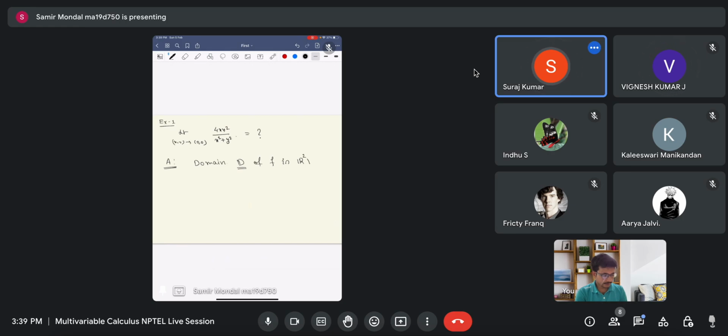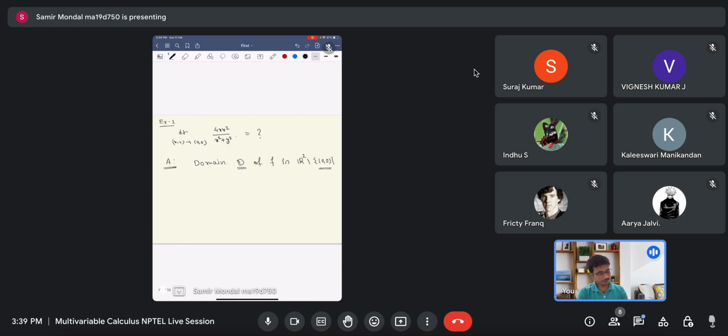R2 minus (0,0). Yeah, we have to remove the point (0,0). Okay, if we put (0,0), this will be 0 by 0 form. So right now we are removing the point (0,0) from R2. So this is the domain of this function.